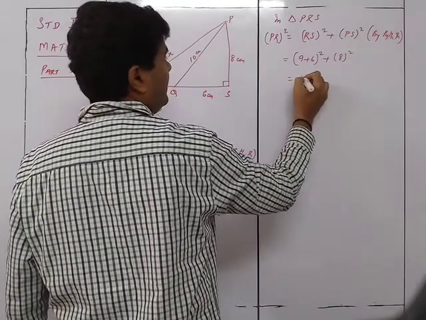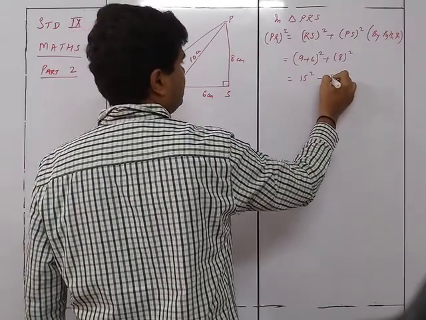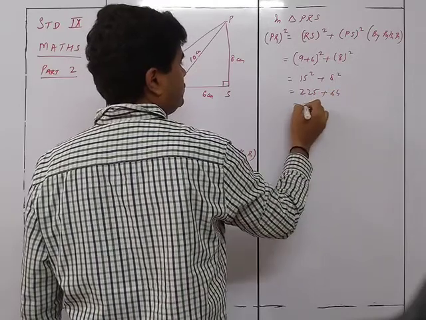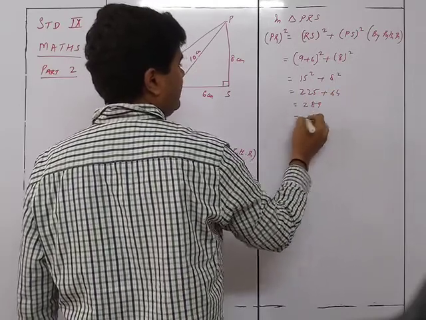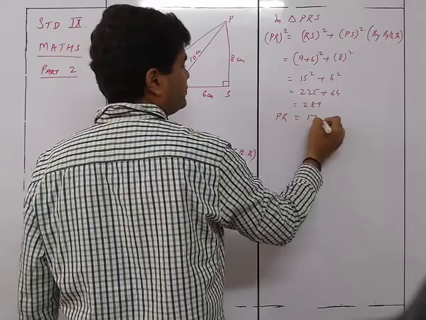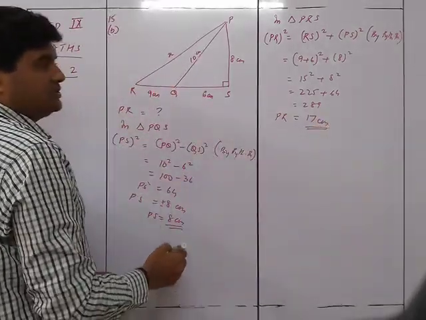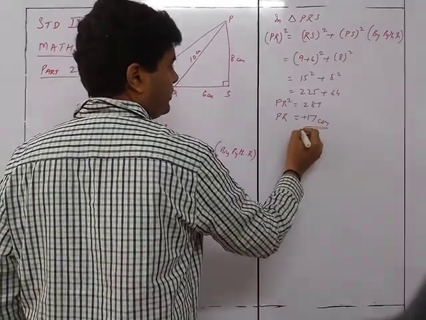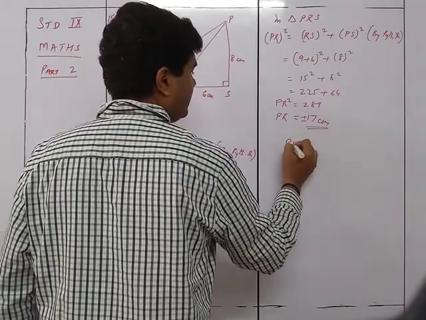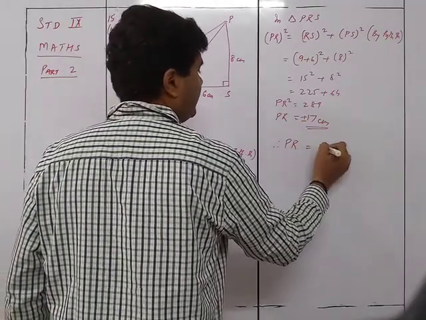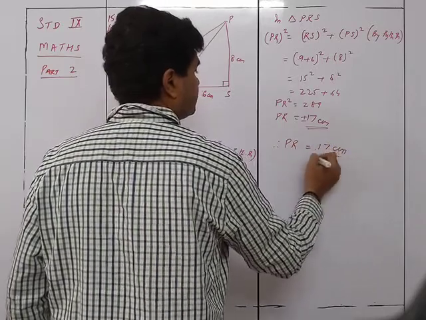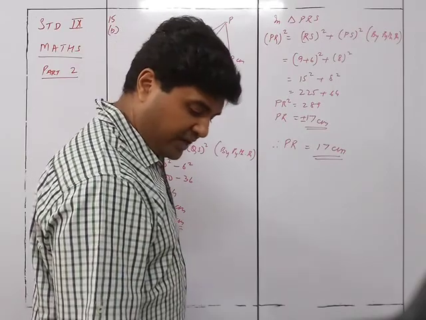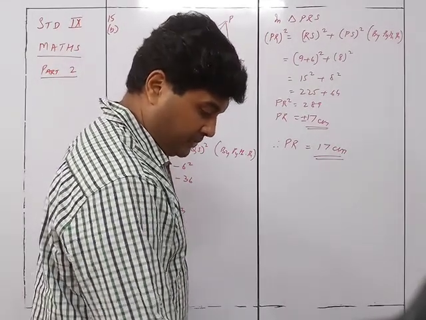So that will be 15 square plus 8 square, that is 225 plus 64, that is 289, equals 17 square. So PR square is 289. Of course you can put plus or minus and then say PR. Therefore PR is equals to 17 centimeters. Got it? So that was sum number 15B.